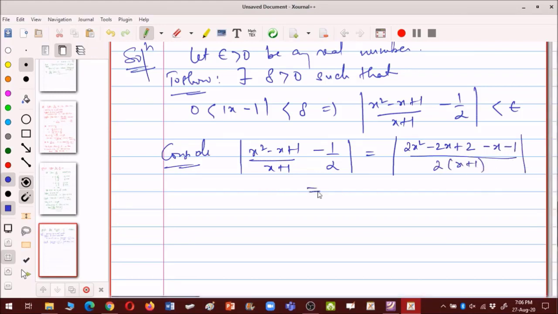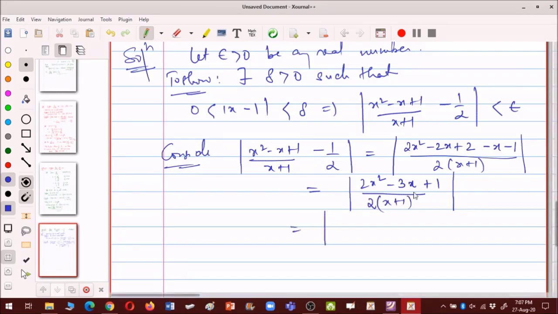So this is reduced to 2x^2 - 3x + 1 over 2(x + 1).